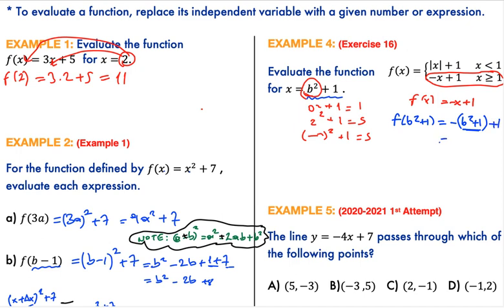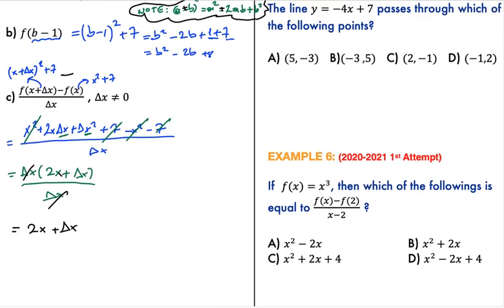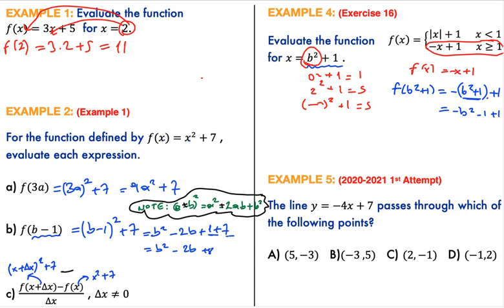Let's simplify. Distribute this minus to the bracket. Minus b squared minus 1 plus 1. Minus 1 plus 1 cancels out. We will be left with negative b squared. That's it. This is also a ministry exam question.